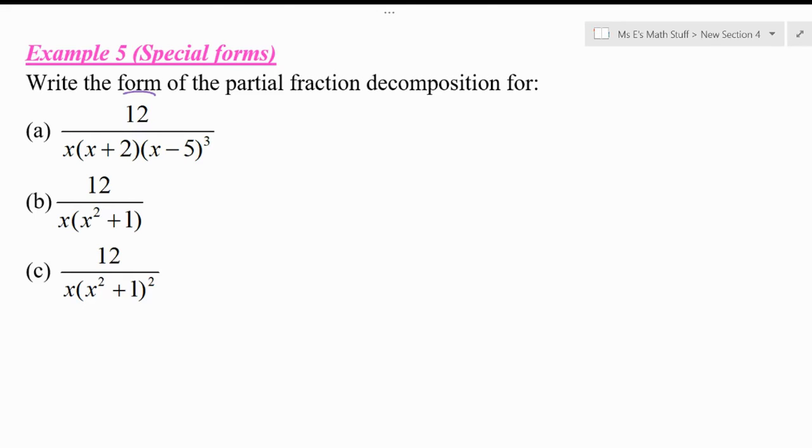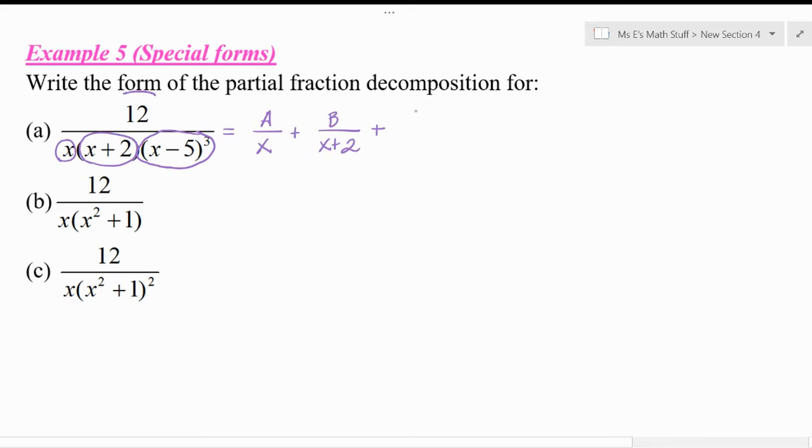So for part A, with this (x minus 5) cubed piece, you have a repeated linear factor. To set the form, you'd have A over x plus B over x plus 2. Those are distinct, so you just do your normal thing.